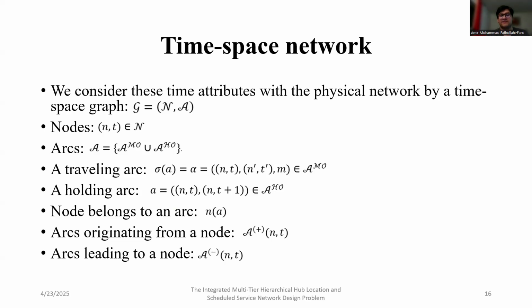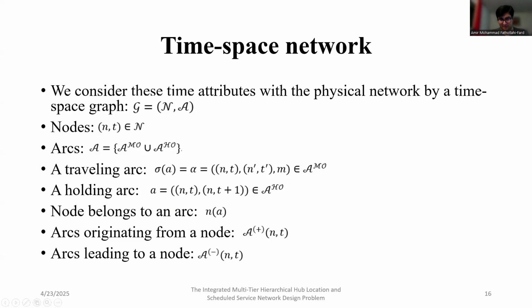Based on this definition, we can define two types of arcs: the moving arcs and the holding arcs. The moving or traveling arcs can be defined as the movement from a node to another node at two different times.